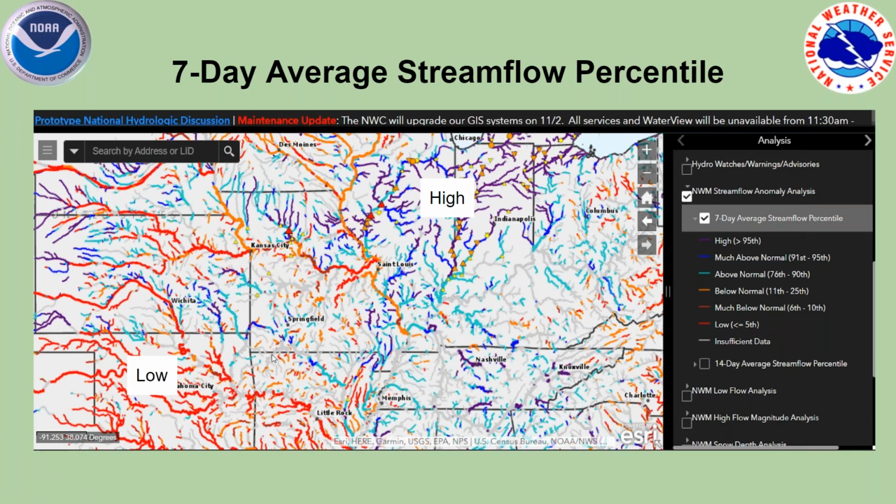So you might not be quite as concerned about flood potential from a heavy rain. But then, go up here into Illinois and Indiana where it's all high and much above normal, and you get a few inches of rain on top of that, you may have a lot more problems because you're already starting at high levels and fairly saturated.